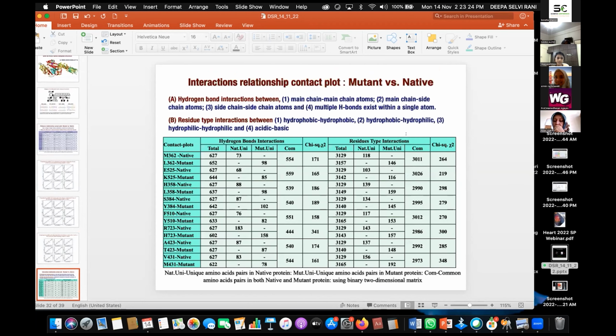And then we even calculated the interactions relationship contact plot, that is, the main hydrogen bond interactions and residual type interactions. In the case of hydrogen bond interactions, we studied the main chain interactions, main chain side chain interaction, side chain interaction, and multiple hydrogen bonds existing within the atoms. And I also studied the residual type interactions: hydrophobic interactions, hydrophilic interactions, and acid-base interactions.